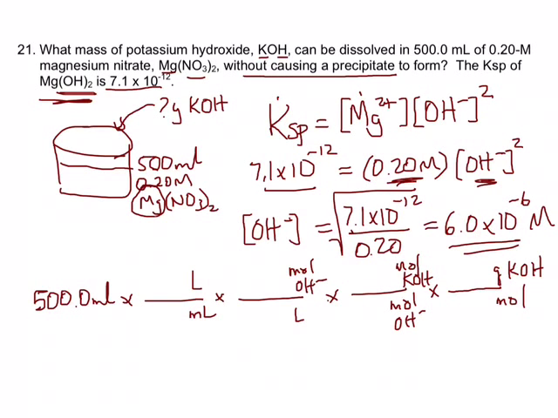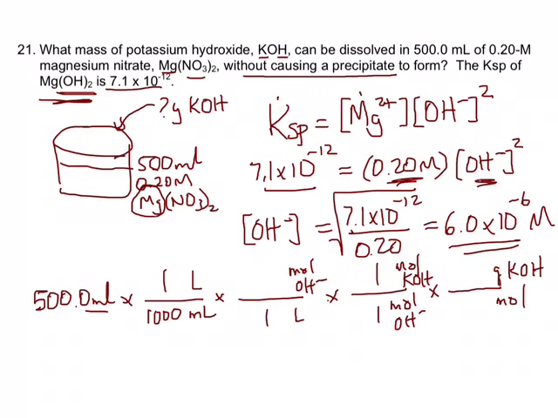Alright, so the logic again, we're converting milliliters to liters. Using the concentration we just found for hydroxide, we'll get the moles of hydroxide. Then we'll look at the formula KOH and we'll realize there's 1 mole of hydroxide for every 1 mole of KOH. And then the molar mass of KOH. So 1 liter has 1,000 milliliters.